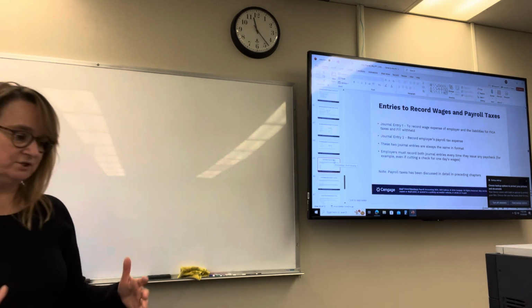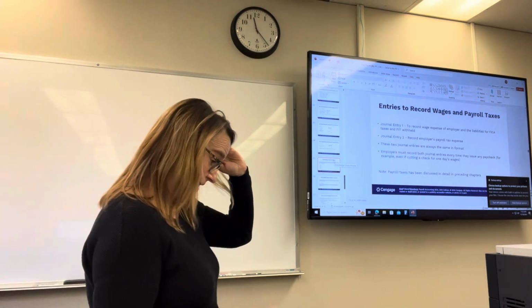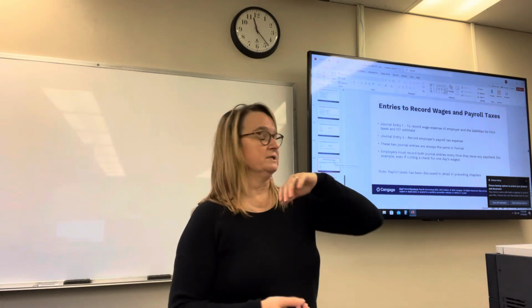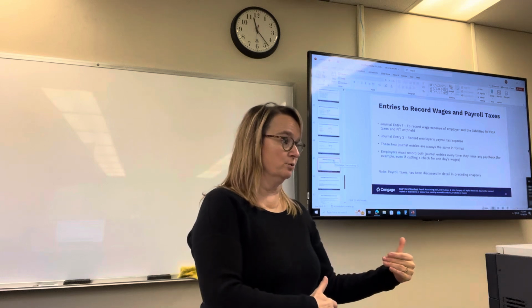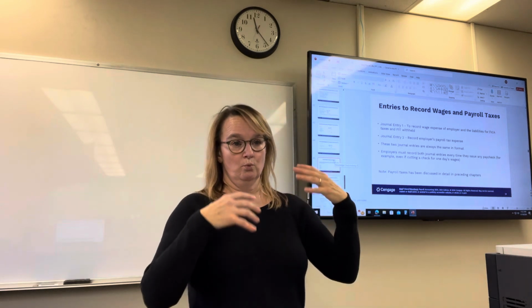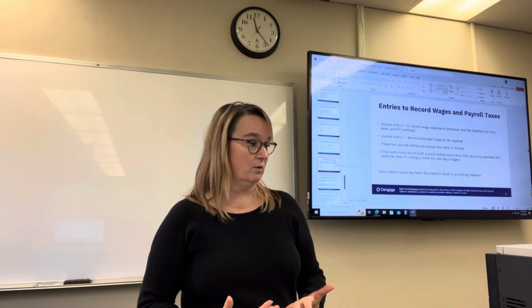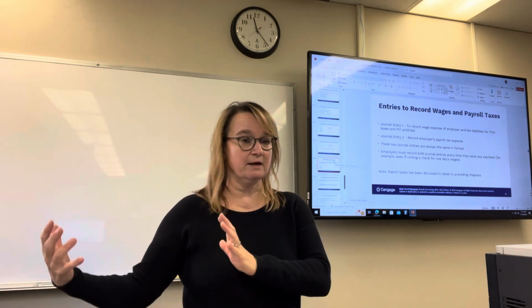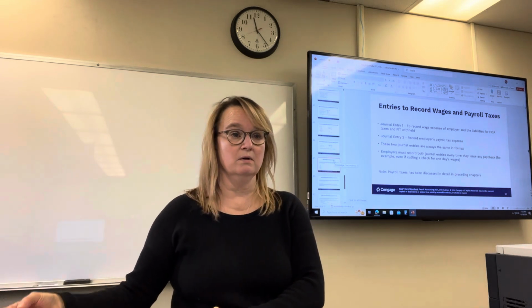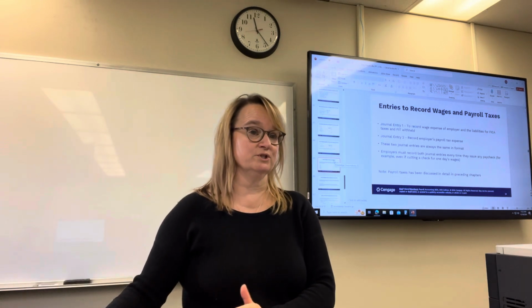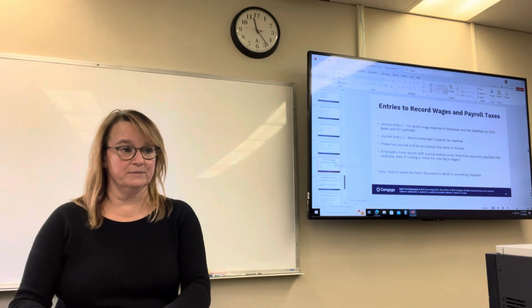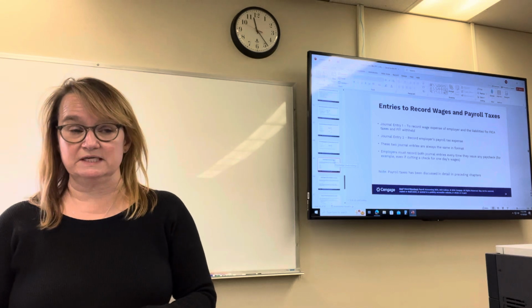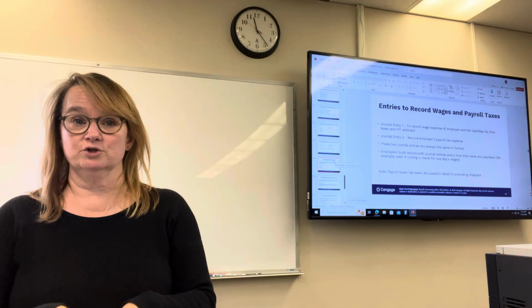So what we're essentially doing with this first journal entry is everything pertaining to what's being paid to the employee minus all their withholding. So we've got their gross payroll minus all the amounts that are being withheld from their payroll, and then the cash that's going out, which is their net payroll. So it's everything from the employee's perspective in that first journal entry.